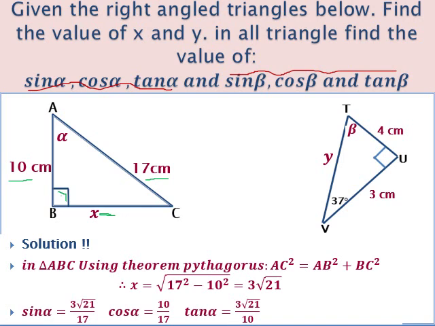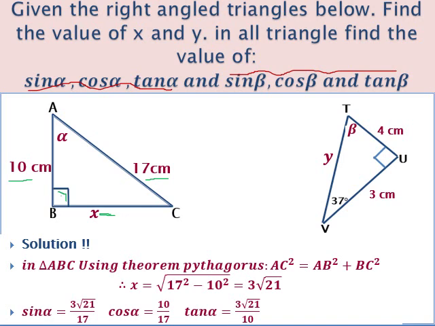That AB becomes the adjacent side and the opposite side becomes BC. Now if we were to write sine alpha, it is going to be 3 root 21 over 17, which we have there.